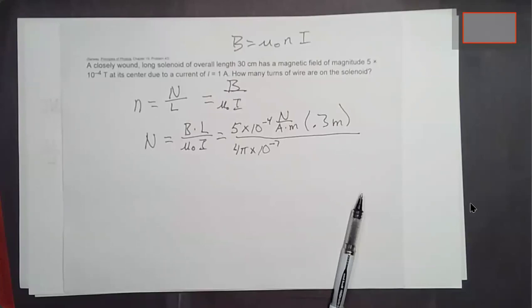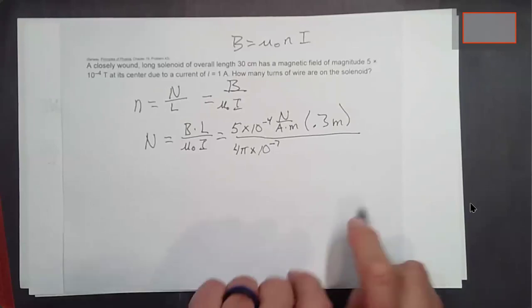Okay, it was in chapter 28 at the start that we introduced mu naught. Oh, Tesla meters per amp.